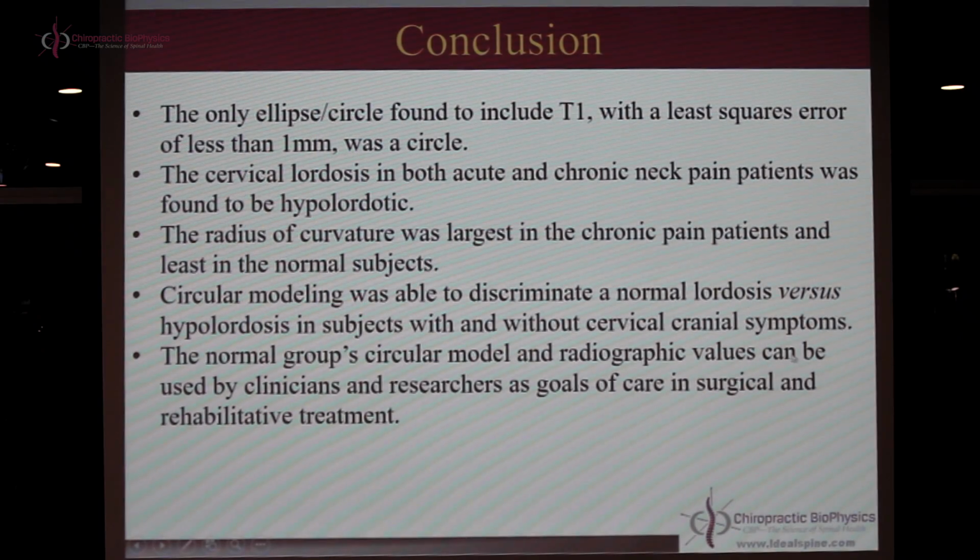Therefore, circular modeling is very important if you can do it. The normal group circular model and radiographic values should be used by clinicians and researchers as goals of care in both surgical and conservative rehabilitation treatment strategies and techniques. And that was one of the goals for doing this project.